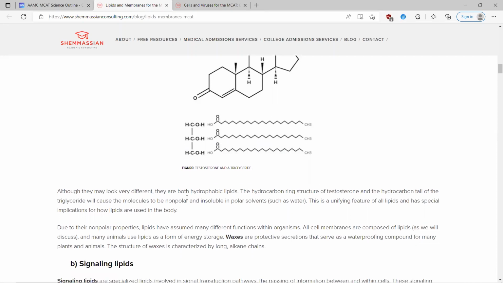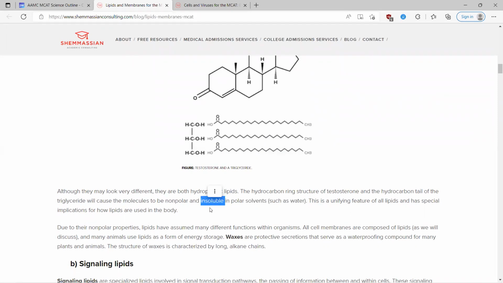So they will be insoluble in polar solvents. What does that actually mean? We've all seen that thing where oil and water don't mix. If you put oil and water together, they form separate layers. That's what insolubility means.